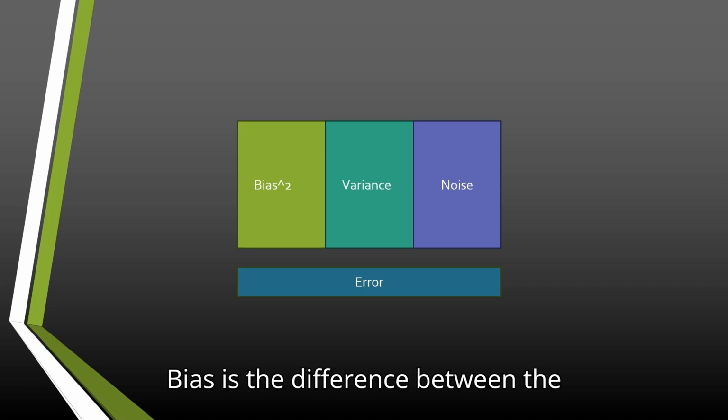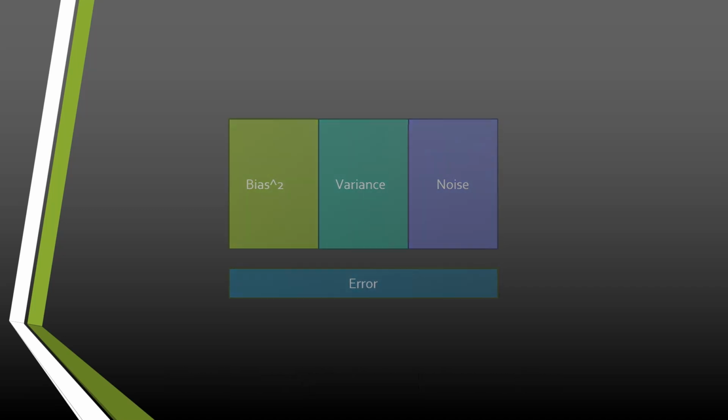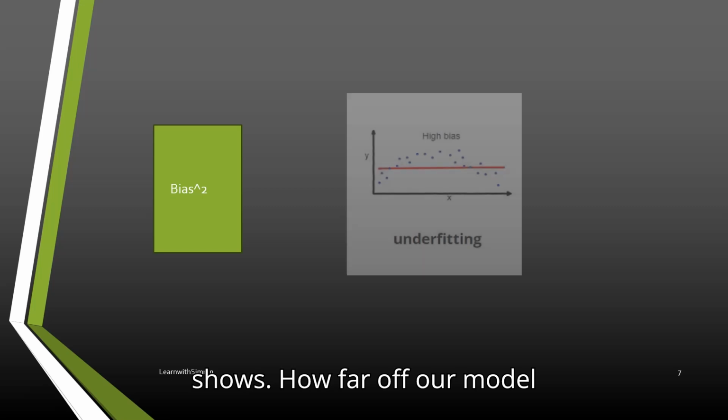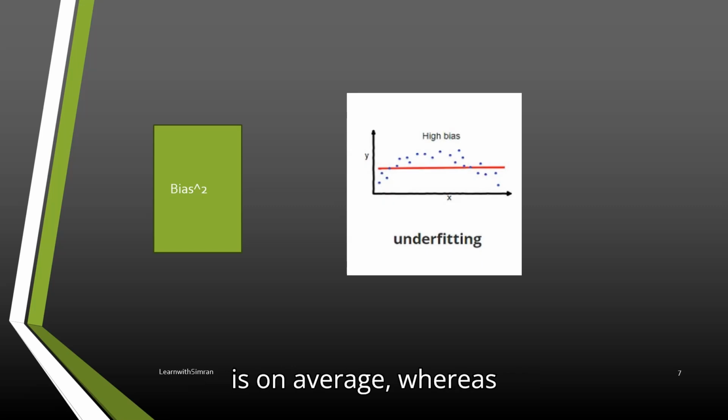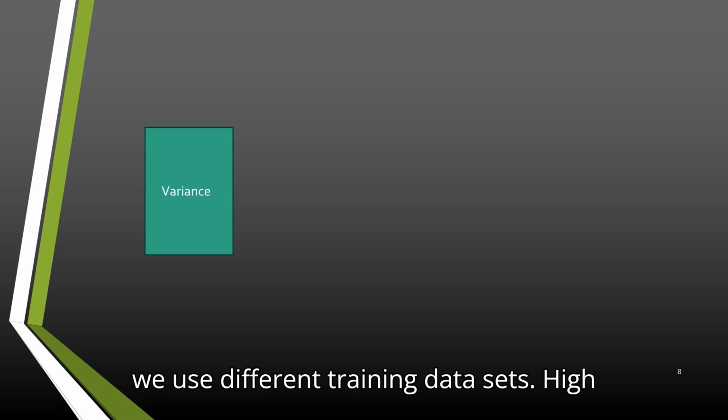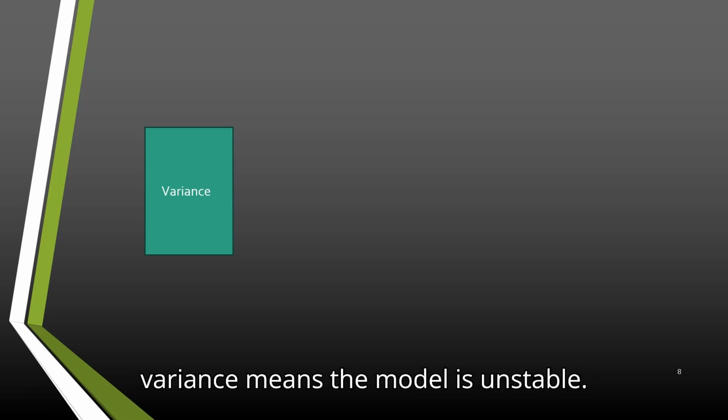Bias is the difference between the predicted values and the actual values. It shows how far off our model is on average. Whereas variance tells us how much our model's predictions change when we use different training datasets. High variance means the model is unstable.